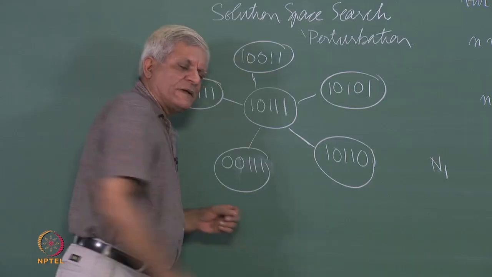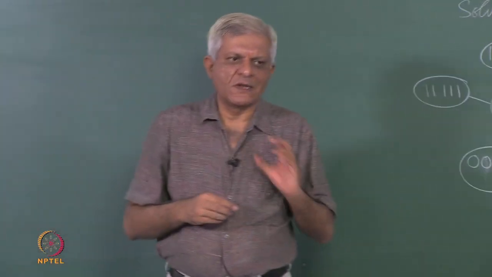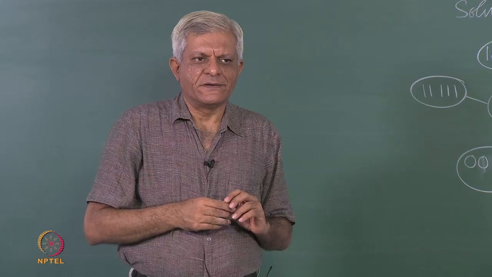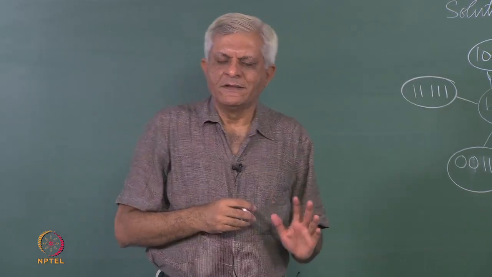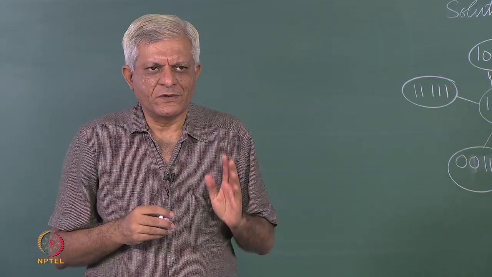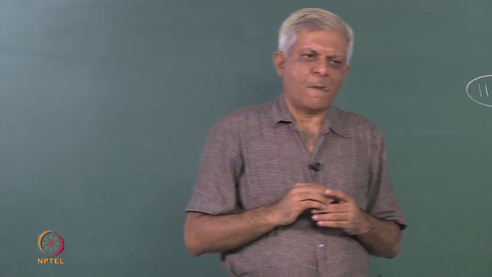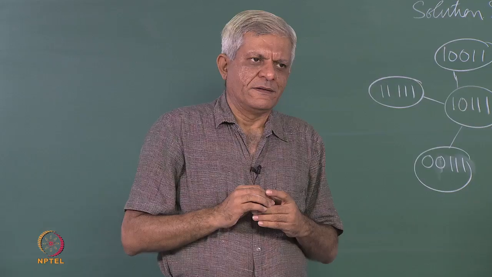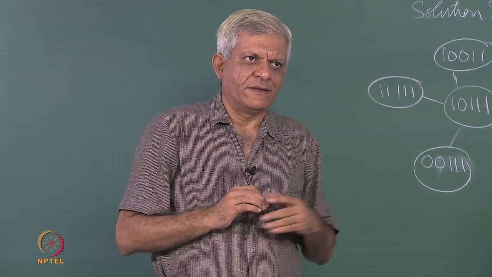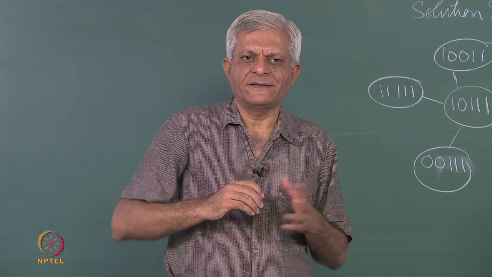Okay. So, back to our problem of local maxima. Why did we get into this hill climbing algorithm? Because we wanted to save on space essentially. Now, nowadays space is hardly a problem.